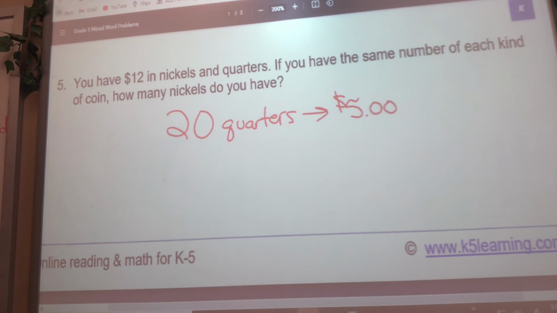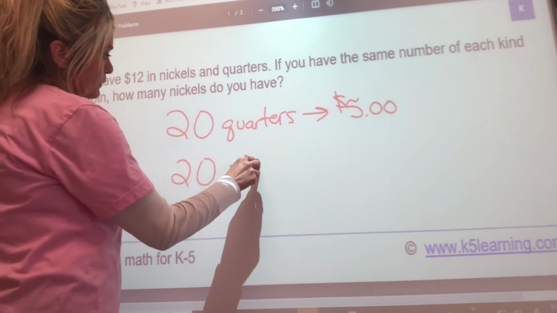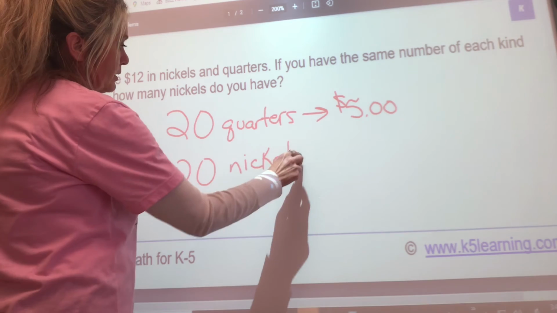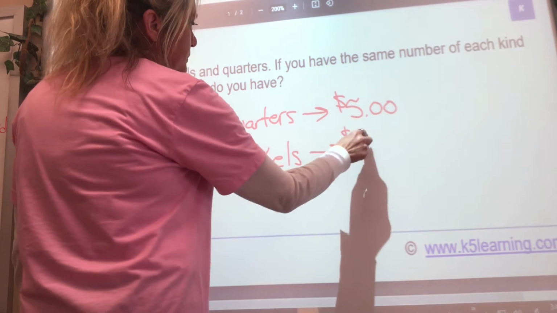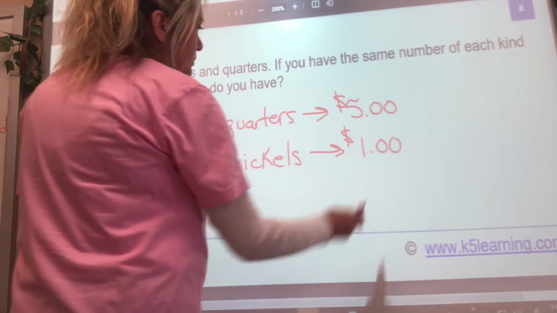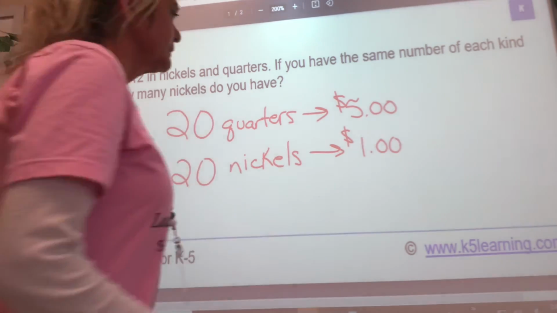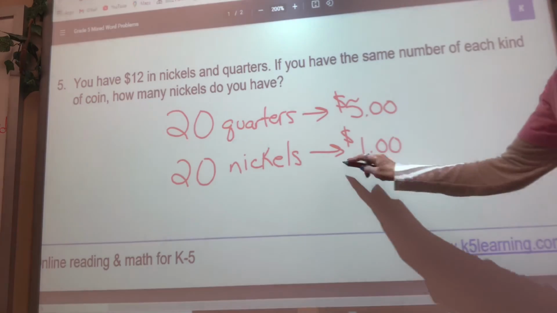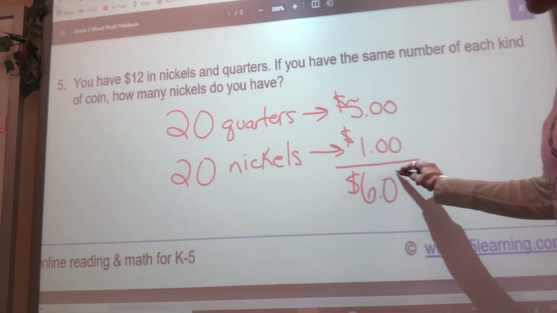And if we think about 20 nickels, 20 nickels would just give us $1, wouldn't it? Because nickels are 5 cents, 20 times 5 is 100, and we're dealing with money, so it would be $1. So this would give us $6.